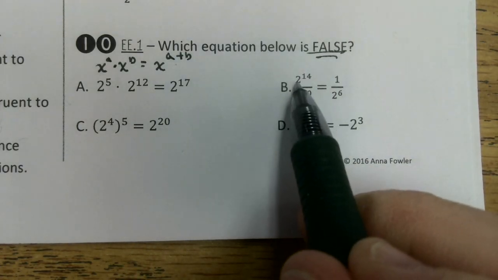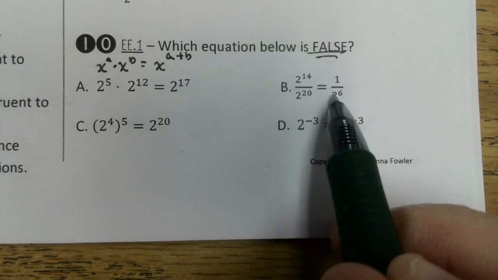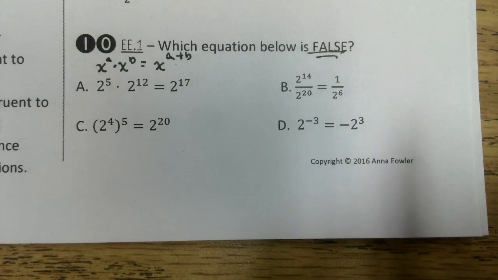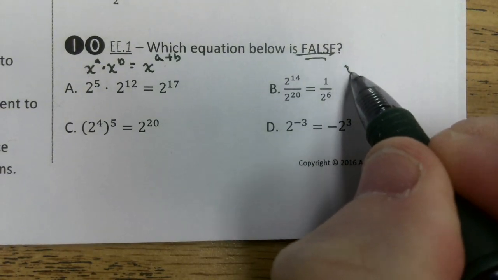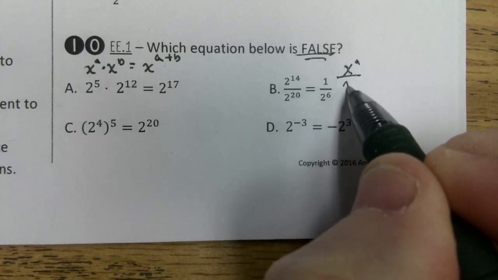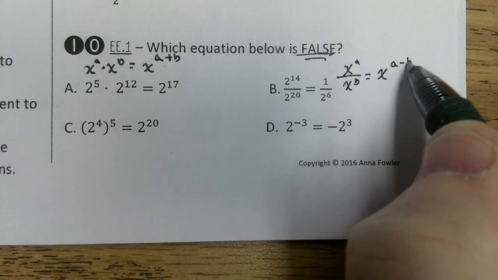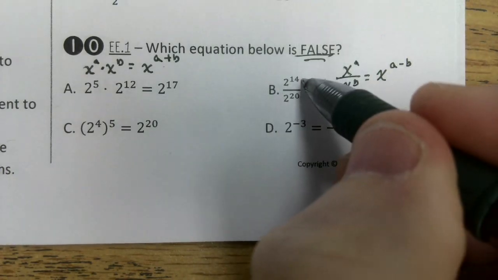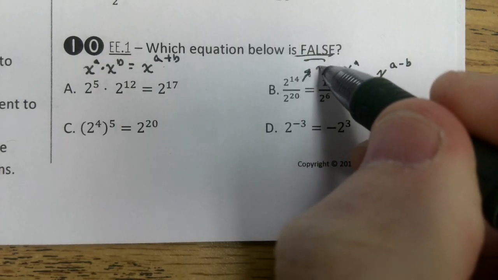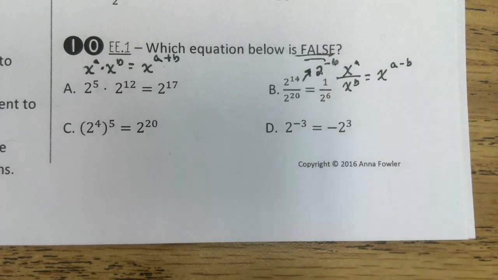And then we have this one right here of 2 to the 14th divided by 2 to the 20th equals 1 over 2 to the 6th. Our property for dividing is if we're dividing with the same base, x to the a divided by x to the b, we subtract those exponents, x to the a minus b. So that's actually true here, that we could rewrite this as 2 to the 14 minus 20, which is negative 6.